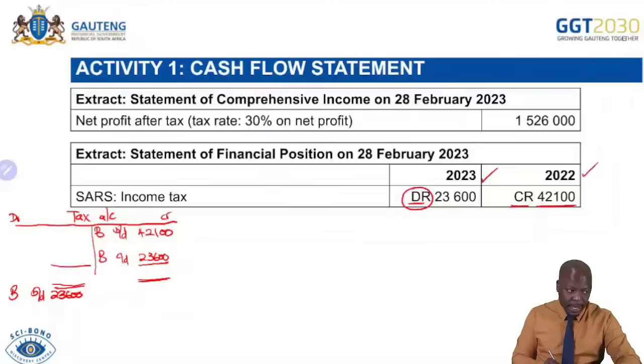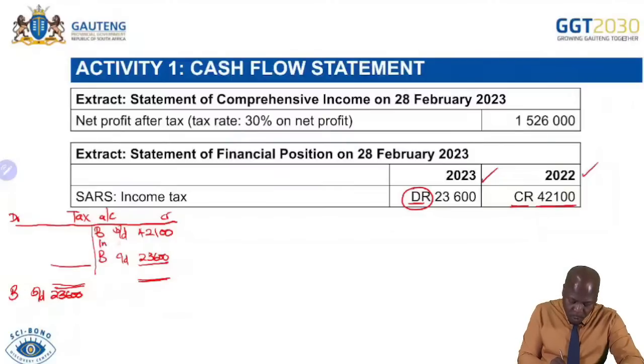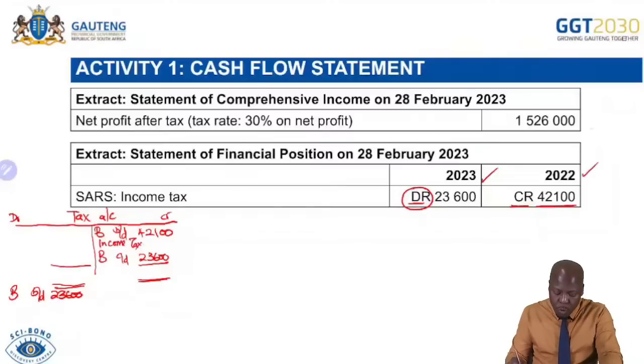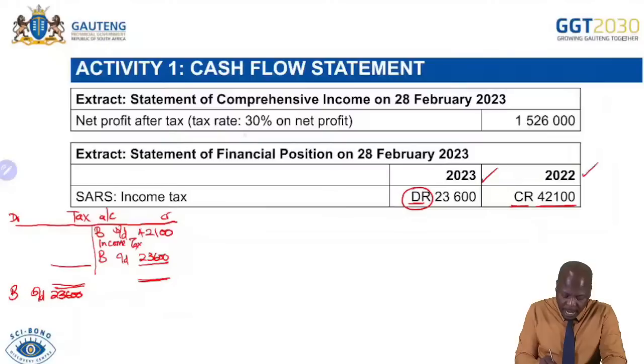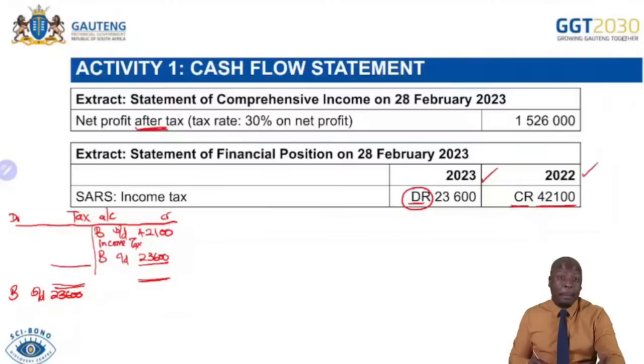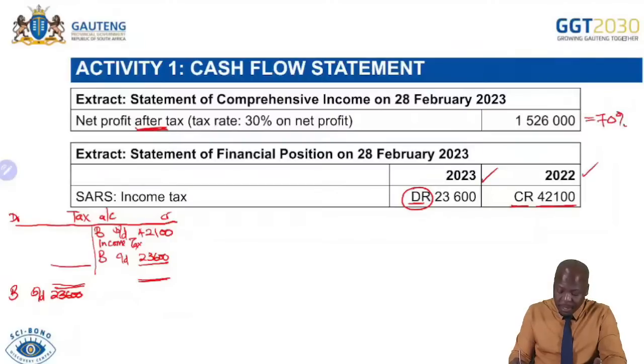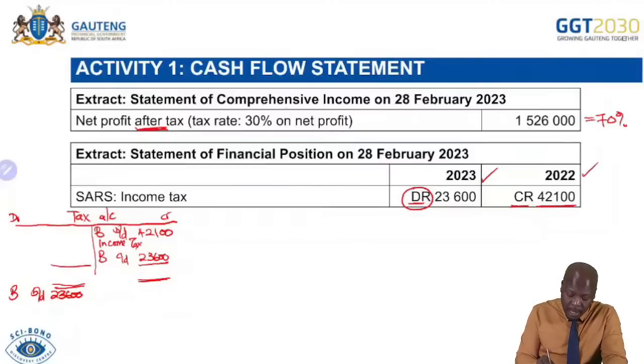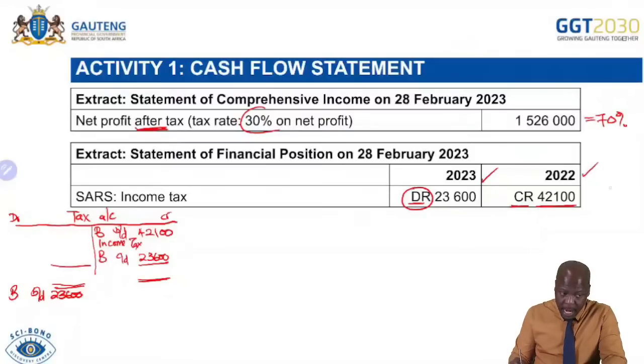The last thing that I then need is my income tax. I now need to know how much is income tax, which I'm going to record here. Here, I'm going to have my income tax. I am told here that net profit after tax, remember I spoke about that earlier on. That means this amount is equal to 70%. You're correct. Now, what is it that we want? We want the income tax, which is 30%. So I'm going to come here then, and we're going to say what I want is 30.